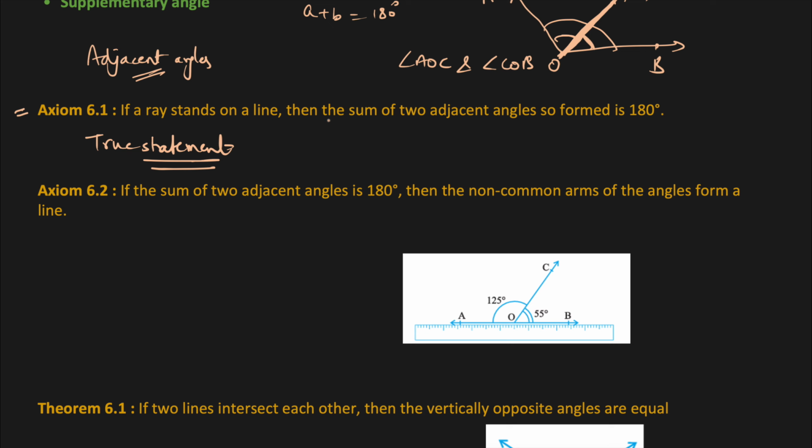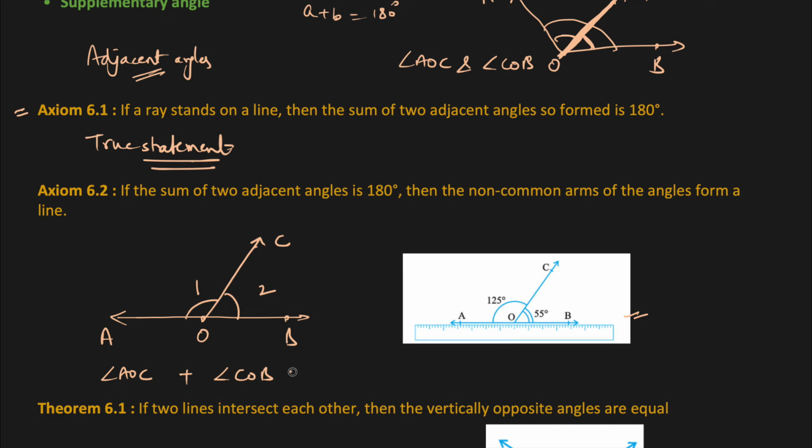If a ray stands on a line, you have a line, let us say here also they have drawn it. Let's say AOB is a line, and on this O, let me draw one more ray. So there are two angles over here, angle 1 and angle 2, or I can name them angle AOC and angle COB. They are both adjacent and their sum is 180 degrees.